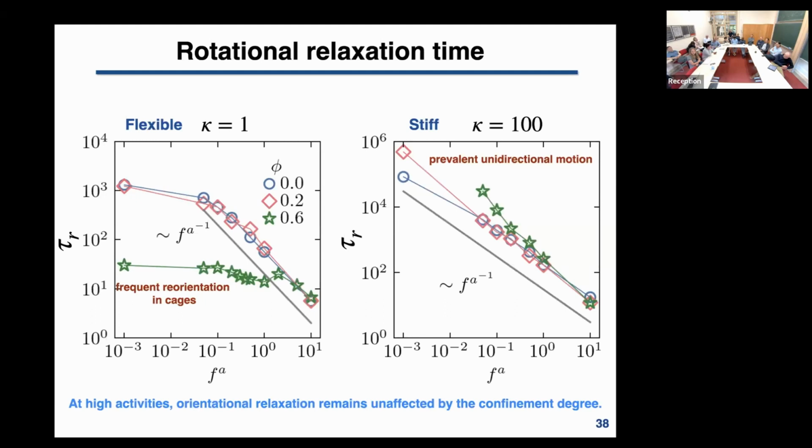As you can see again, for low activities, when it's caged, you have a smaller reorientation time, but when you go to high enough activity, it's still going lower, but it's just approaching the free space limit.